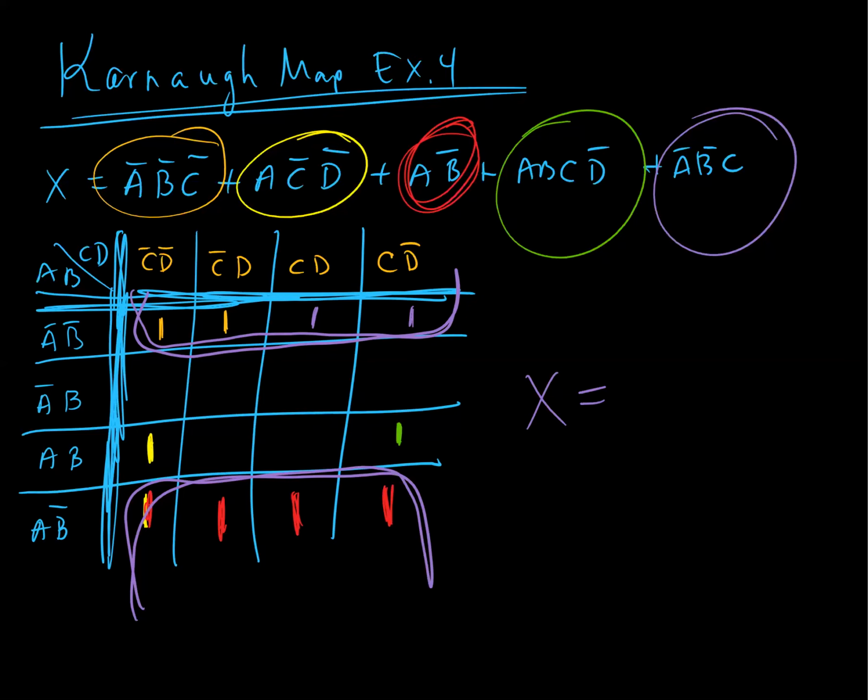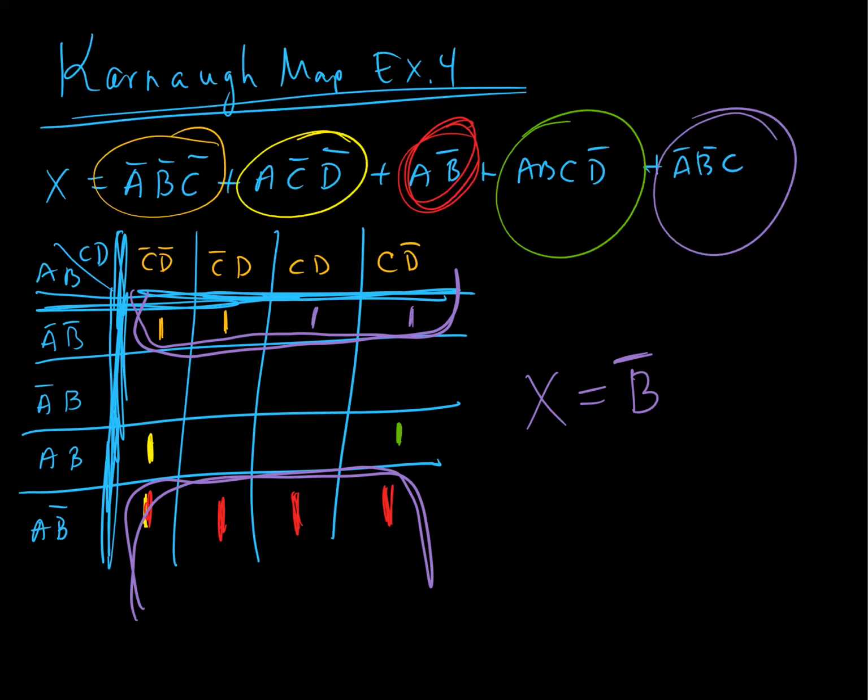Sorry, actually, A changes because the bottom row has a change of A. Only B bar stays the same. Everything else, A, C, and D, are going through changes. Only B bar stays the same in that whole grouping.